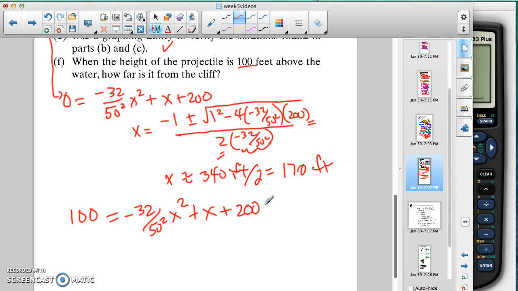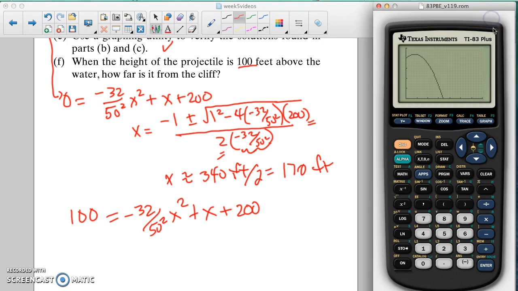Remember, in the previous problem we showed how to do this by taking the left-hand side of the equation and putting it in one, and then putting the right-hand side in the other. We're going to do that in this calculator by putting 100 in the other equation and pushing graph and finding this point. This point should be how far it is from the cliff when it's at 100 feet.